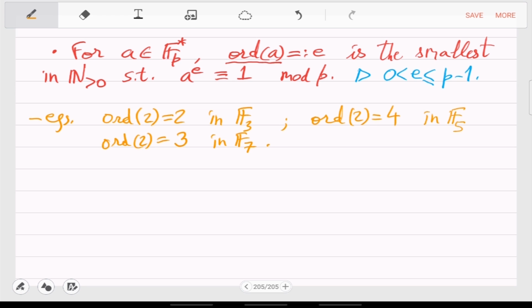So as people had guessed that 2 will work, their guess is correct for F3 and F5, right? Because for F3 star, 2 gives everything, for F5 star, 2 gives everything. But for F7 star, it dies in the middle, right? So it goes only 2, 2 squared, 2 cubed. After that, at 2 to the 4 the cycle repeats. So 2 is not a primitive element here.